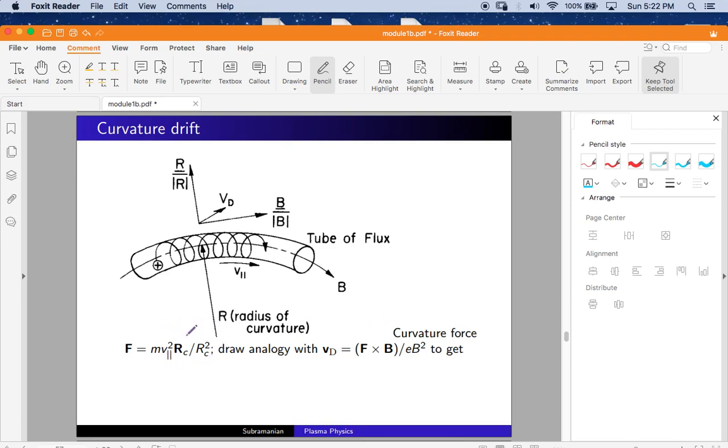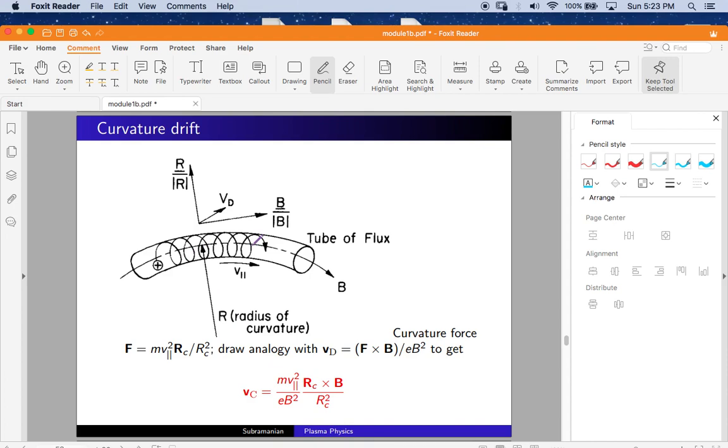It's called the curvature force, an mv squared over r kind of force, where this v is the parallel v, the v parallel to the B. Now if you have that kind of a force, you draw an analogy with the E cross B. It's as if this F is actually an E. So you can immediately write down the drift velocity, and you get a curvature velocity which goes like this, and it's perpendicular both to the radius of curvature as well as the direction of B.